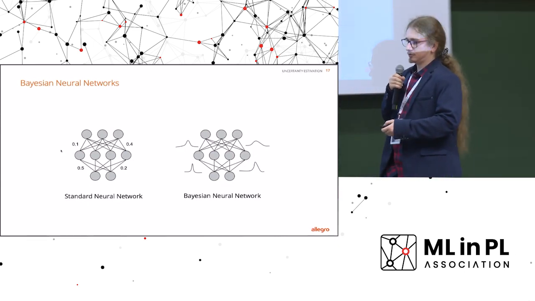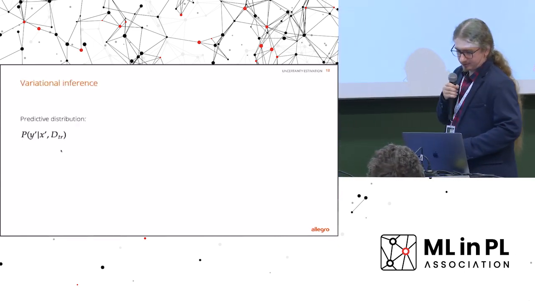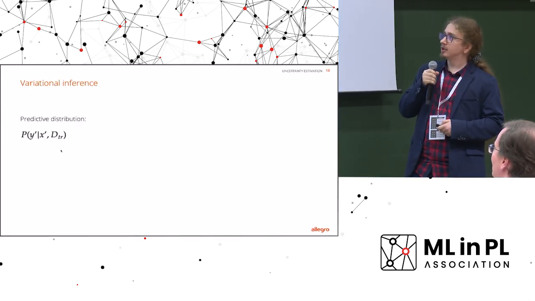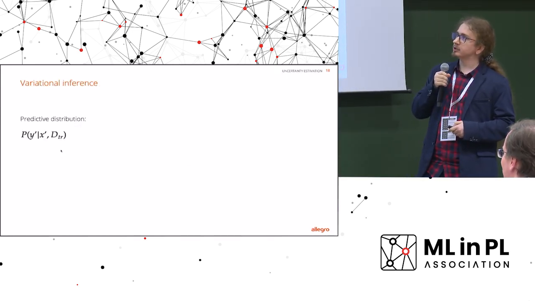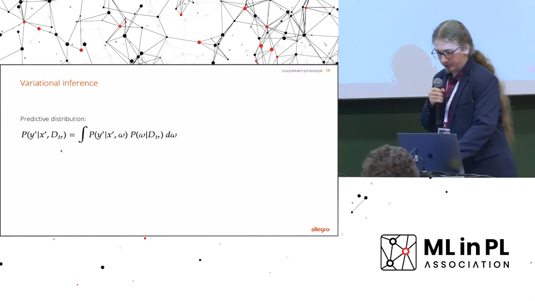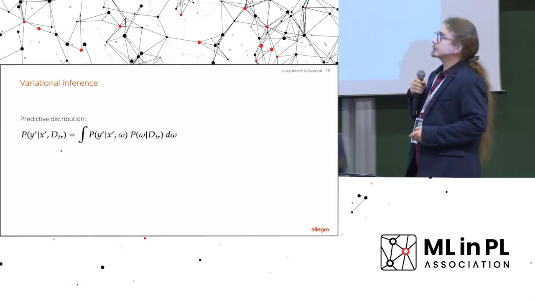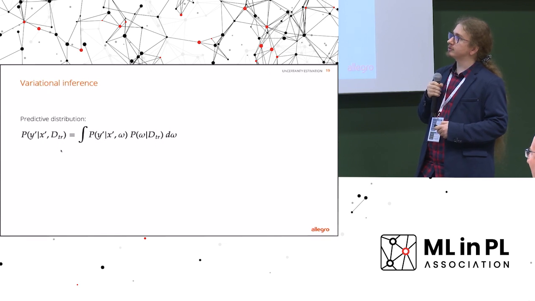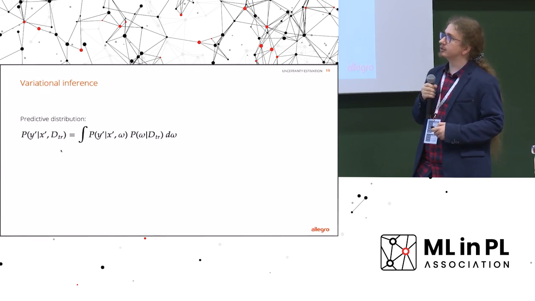So now let's look at that. We have this predictive distribution given our training data set and some new input x prime. This distribution can be marginalized in such a way where we have this integral. And what is a problem for us is this posterior distribution.